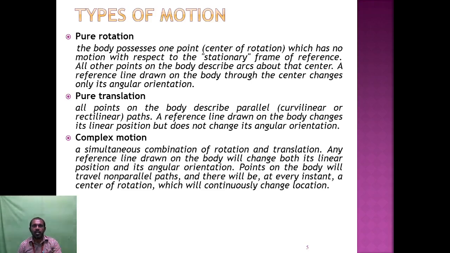Rotation means the body has one point which has no motion with respect to the stationary reference frame. All points on the body move about that center, and a reference line drawn on the body through the center changes only its angular orientation. So pure rotation depends on angular orientation, but pure translation does not change angular orientation.